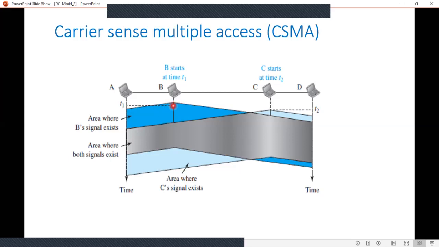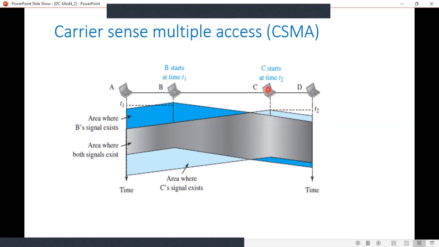Now at time T2, the frame bits sent by B have not yet reached C. That is due to the propagation delay. They are on the way and have not yet reached C.